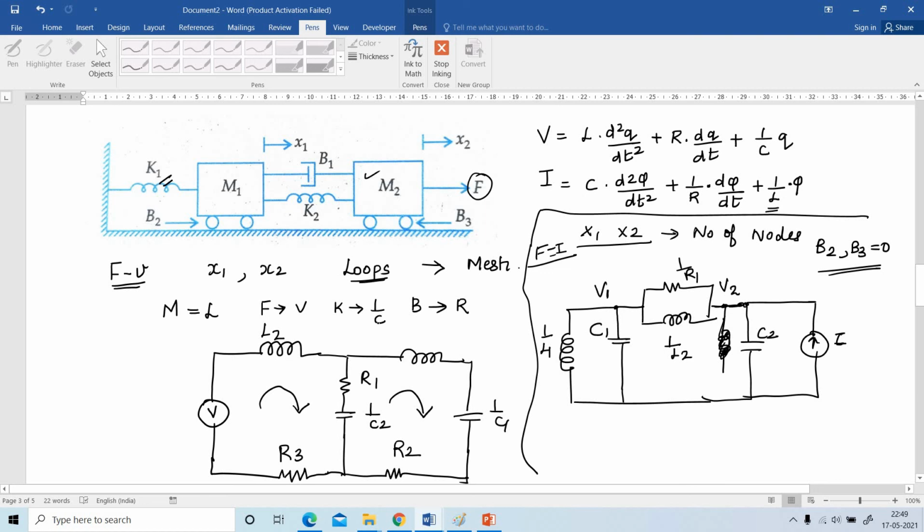This is the way to draw the force voltage analogy and force current analogy from the mechanical translational system. If you use the mechanical rotational system also, a similar procedure is used to find the analogous system, that is the electrical analogous system. Thank you. Have a nice day.